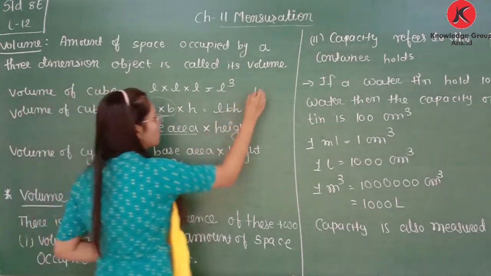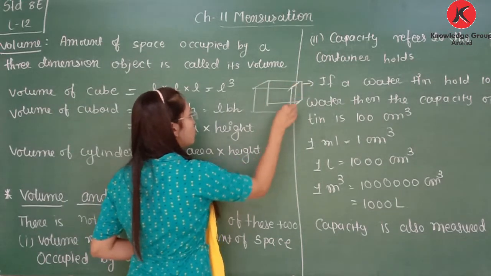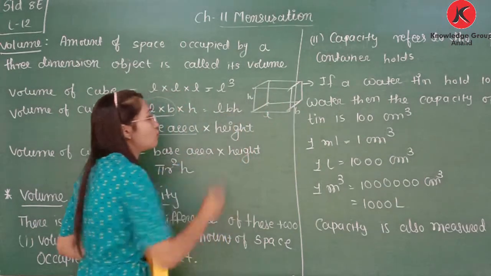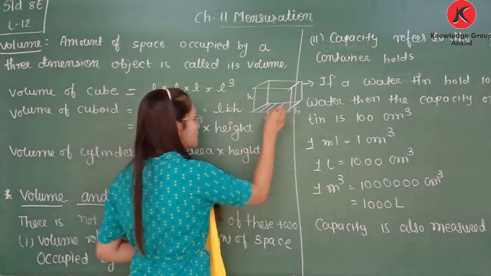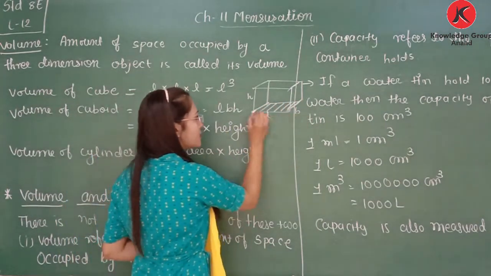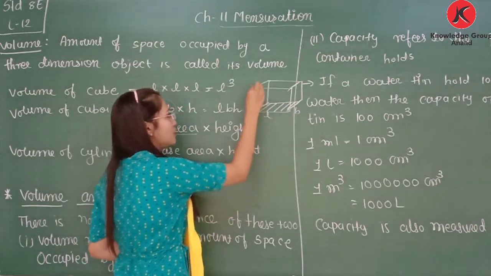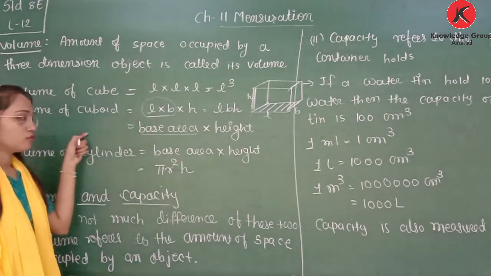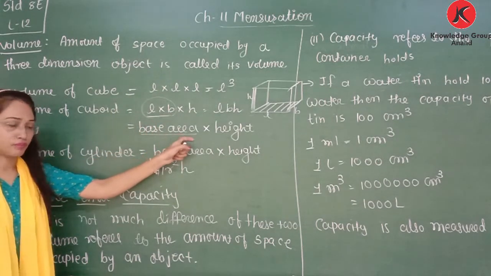If you draw a cuboid with length, breadth, and height, to find its volume you consider the base area, that is L multiply B. Base area means the flat surface, and you need to multiply by height. So base area multiply height. That is also the equation for the volume of a cube. You can consider LBH or base area times height, they are the same.